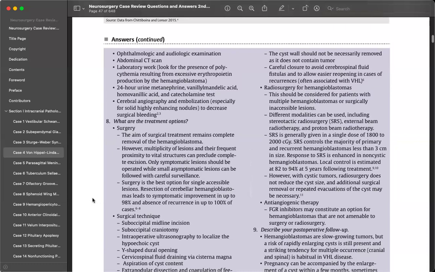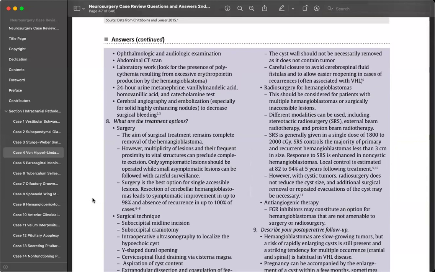So those are the stages for this surgery. Excision of the cyst wall is not necessary. If you remove the mural nodule, that's okay, because the cyst wall usually does not contain tumor.